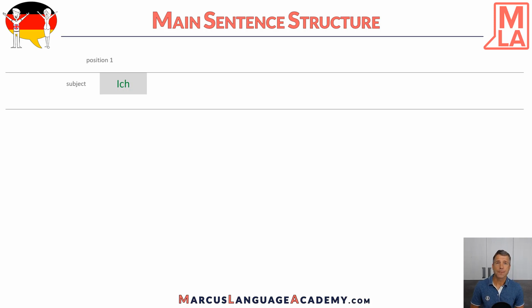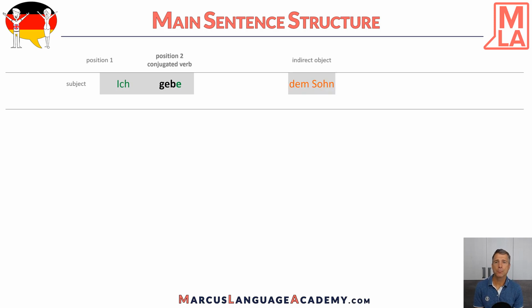Normally we put in first position, let's take a really general example, the subject. In this case we could use the subject like ich. And in position 2, that's the most important thing, we need our conjugated verb. For example, ich gebe.